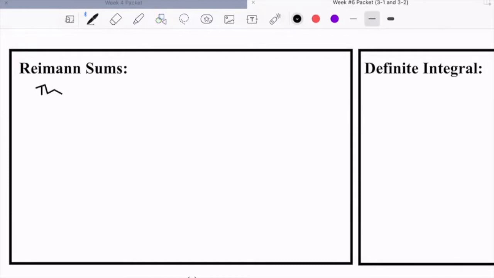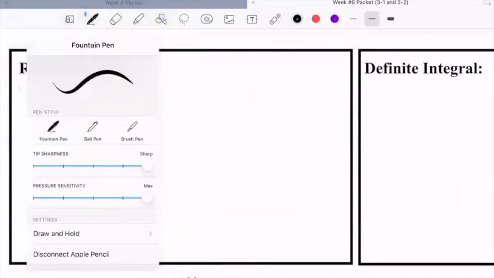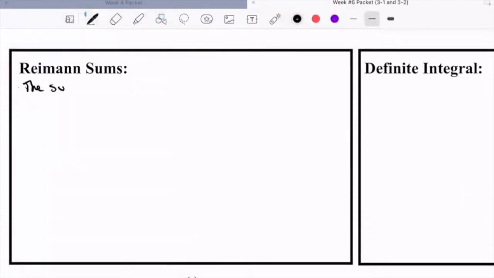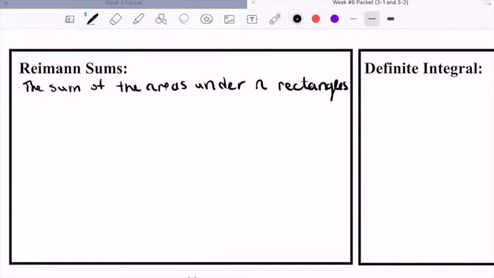So you'd say the sum of the areas under n rectangles that approximates the area under a curve.